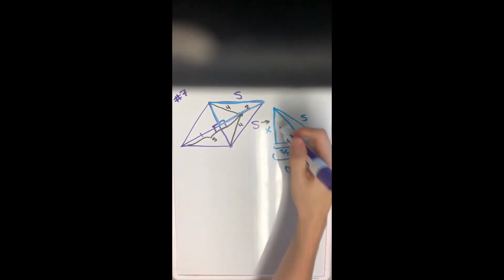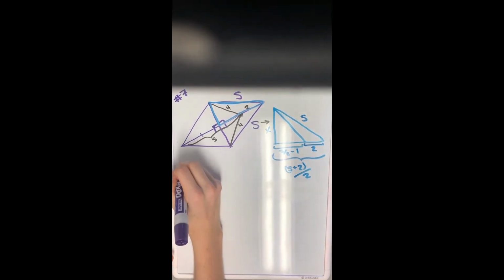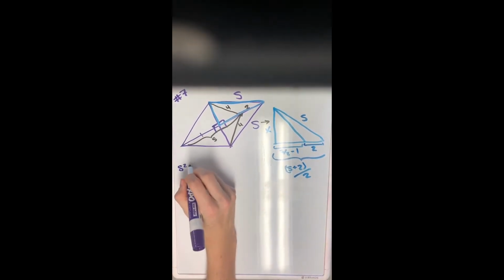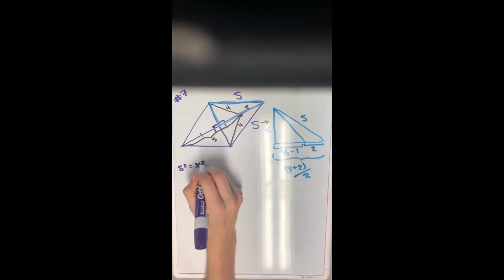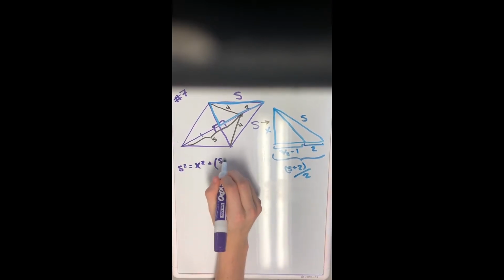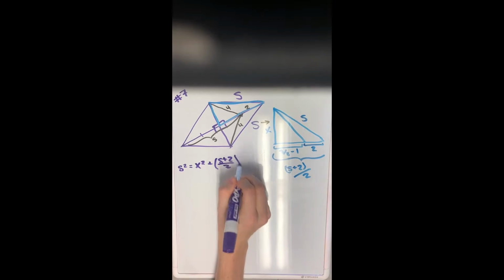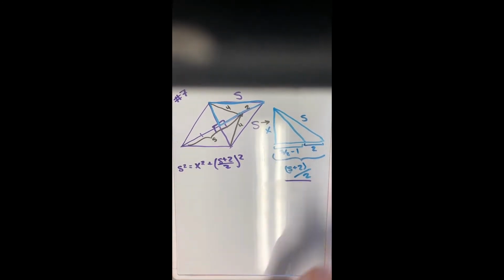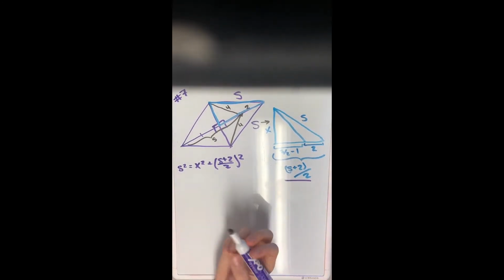So for the outer triangle, the big triangle, we know that s squared, because that's the hypotenuse, is equal to x squared plus s plus 2 over 2 squared, because that is the long length of the base.